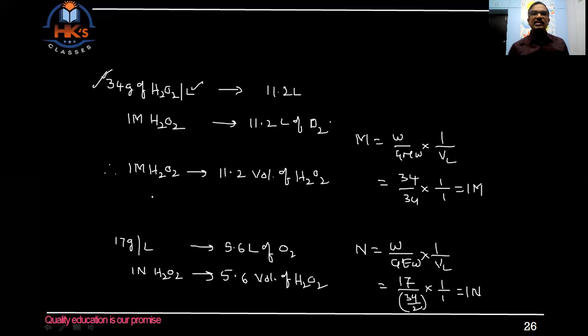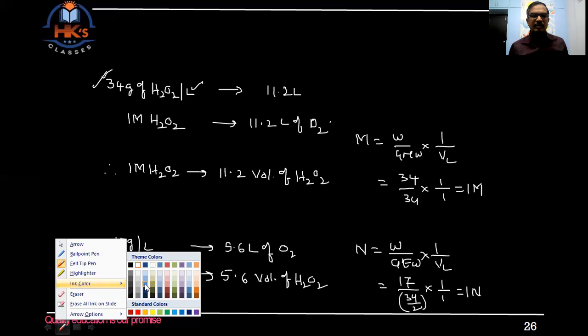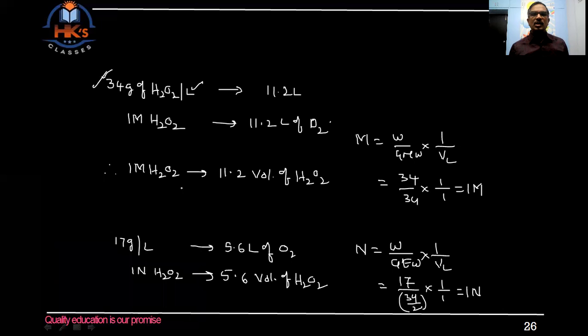So these are the standard values, and from these you can do the calculation. Suppose they give us the molarity as 2 molar: for 1 molar the volume strength is 11.2, so for a 2 molar solution it will be 2 into 11.2 volume strength. For n molar solution, n into 11.2.